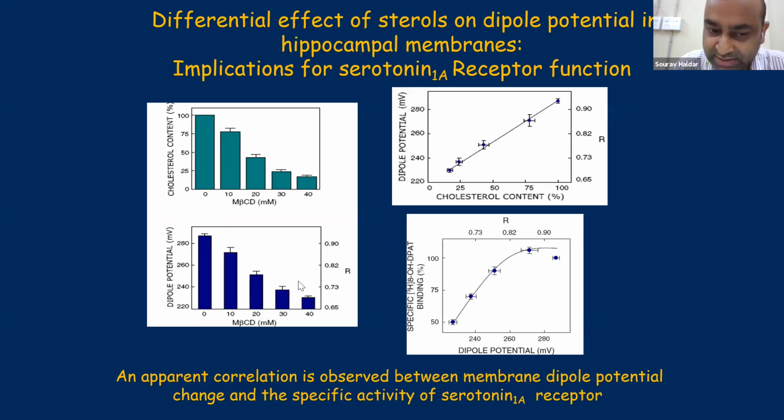So if dipole potential is a profound influencer of serotonin 1A receptor, we should be able to capture that in the activity assay. So we could show that the activity of serotonin 1A receptor actually depends on the dipole potential over a narrow range of dipole potential.